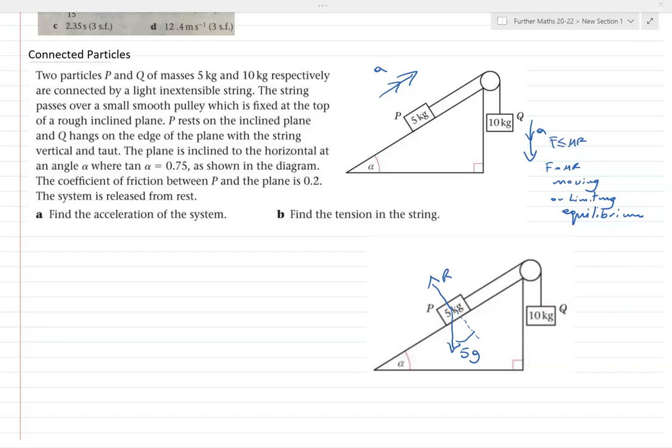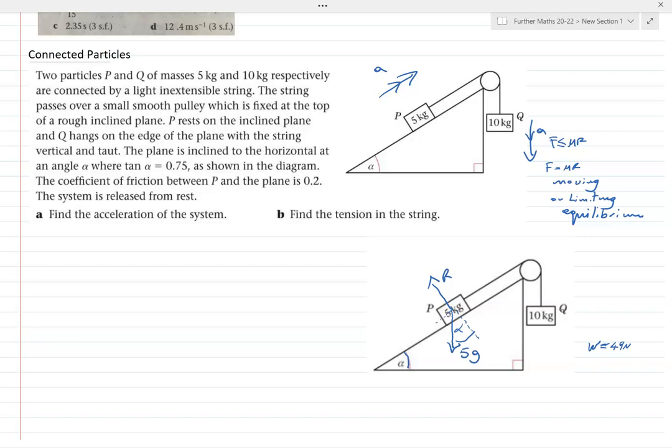The weight is 5 times 9.8, which would be 49 newtons, but I'm going to work with the 5g. The other thing is a little bit of angle work, alternate angles or whatever. This angle will be alpha, which will always be the same as that.